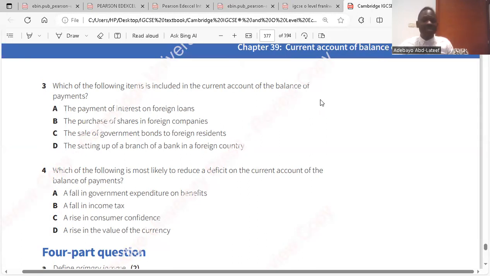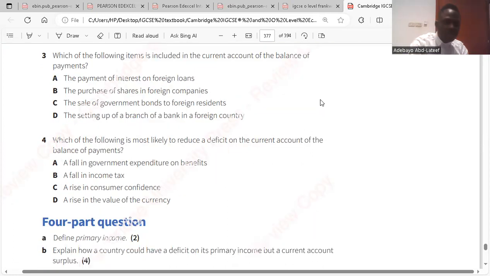Included in the current account. B. Purchase of shares in foreign companies. When you purchase shares from foreign countries, it will be recorded on the debit side. Yes, B.